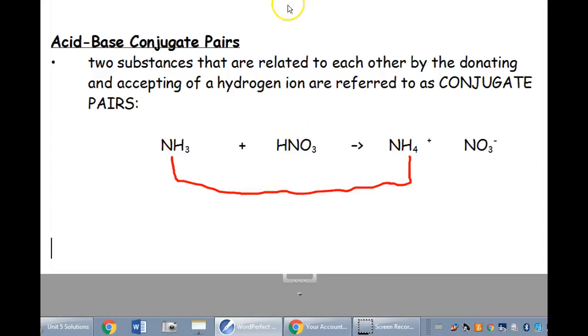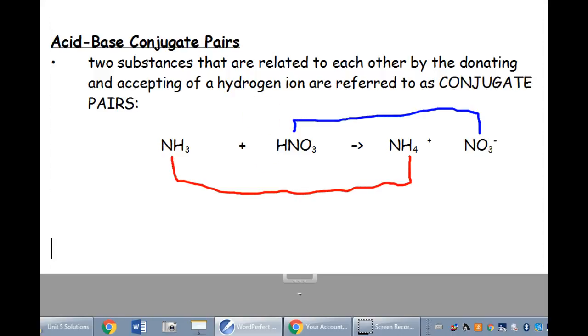In a similar manner, I know that my nitric acid and my nitrate together form another acid-base conjugate pair, because what differentiates the nitric acid from the nitrate is the presence of this single hydrogen atom. So that's it. That's all there is to it.